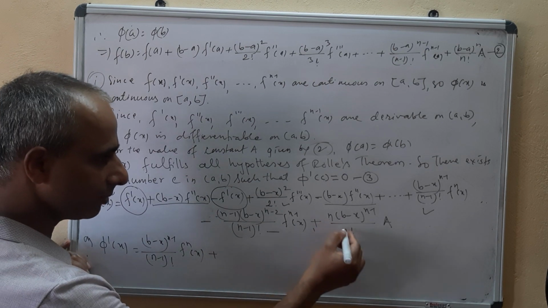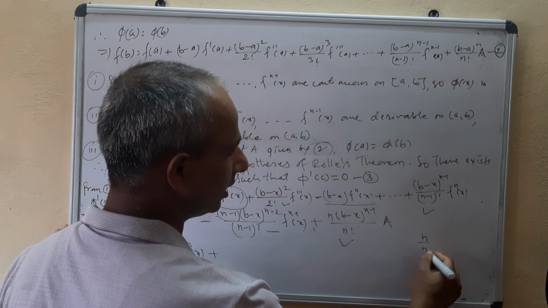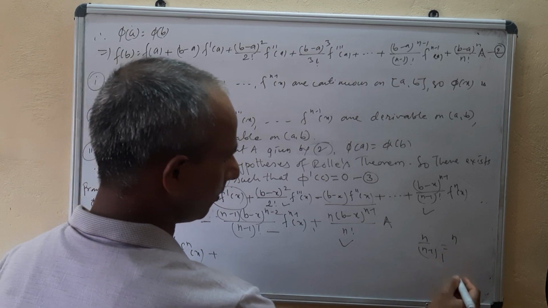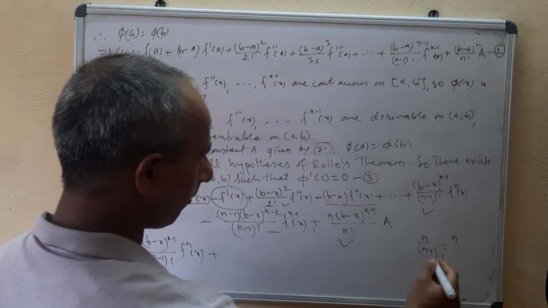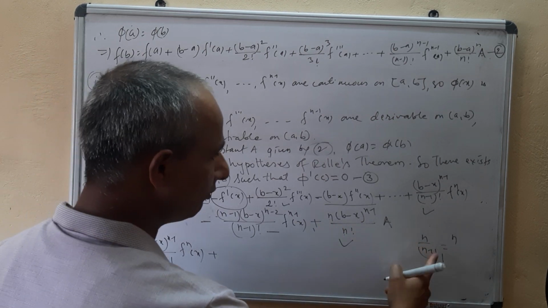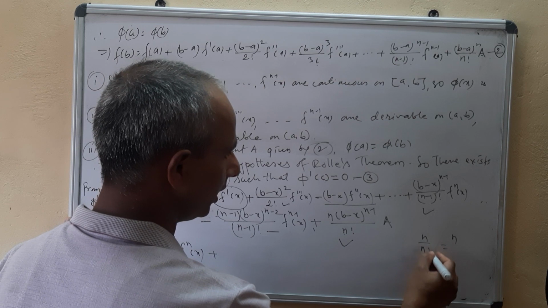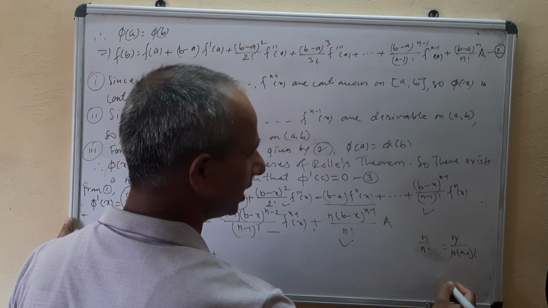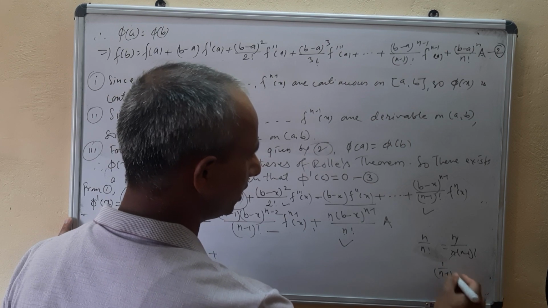Now you can see here n upon n minus 1 factorial means what? N upon n minus 1 factorial means n upon n factorial. N upon n factorial means n upon n times n minus 1 factorial, means n cancels, means 1 upon n minus 1 factorial.